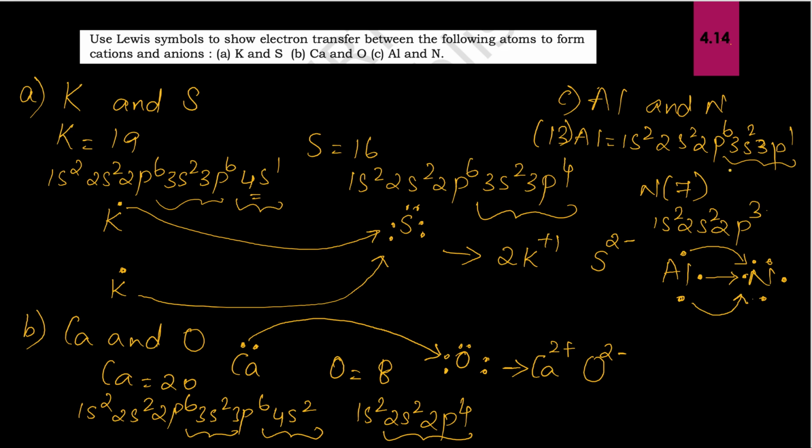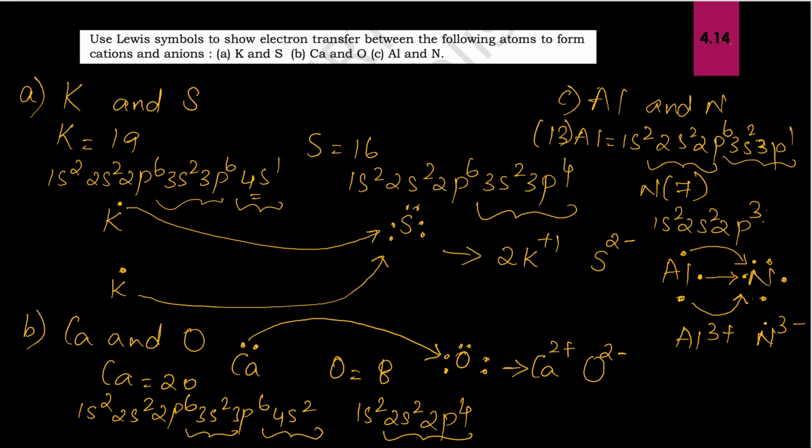So 3 electrons from the valence orbitals are getting transferred to nitrogen. Therefore, aluminium will get an octet state. When 3 electrons are transferred, aluminium will become 3 plus. Nitrogen is gaining these 3 electrons, so it will have 5 plus 3, 8. So this will become N3 minus.